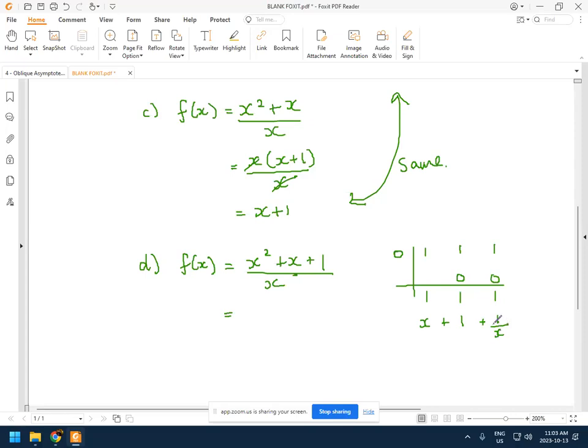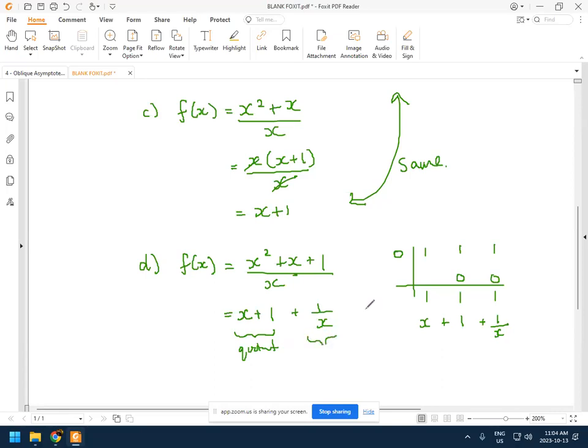You may not know where I'm going with this, but tell me if that makes sense so far. Question? I don't understand why it's 1 over x for the remainder. Oh, because I'm writing it as a division statement. This would be my quotient, and that would be my remainder.